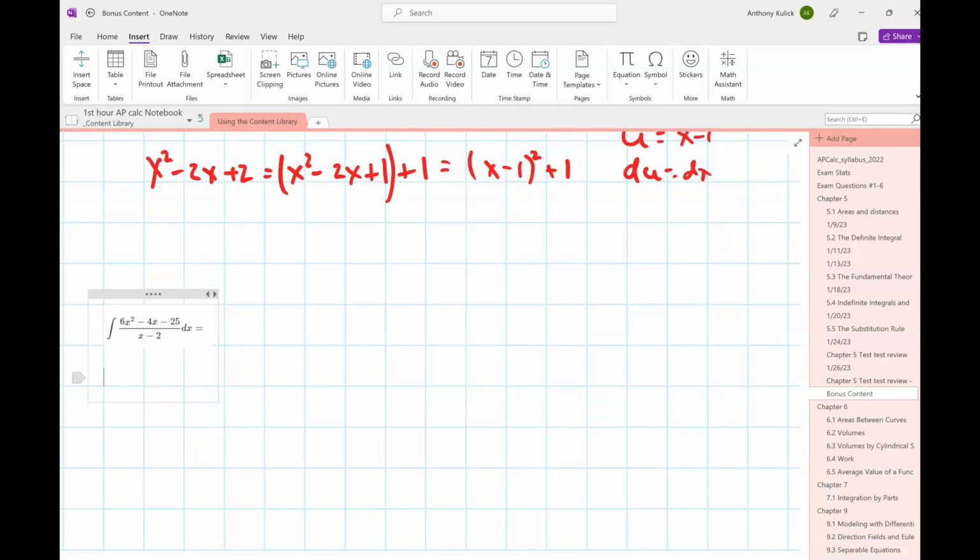Are there two numbers that multiply to give you negative 150 and add to give you negative 4? I don't think so. I don't think that's factorable. What else could we do?